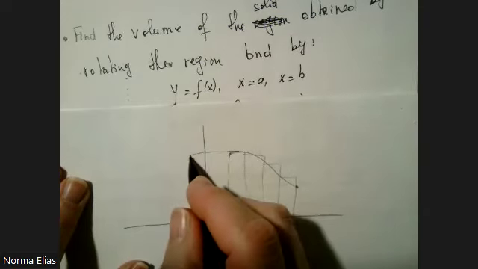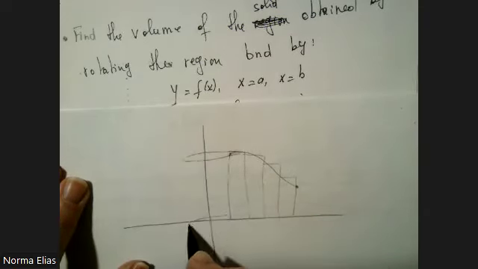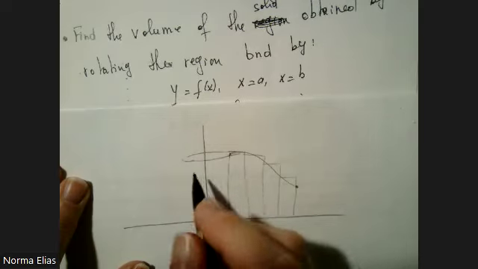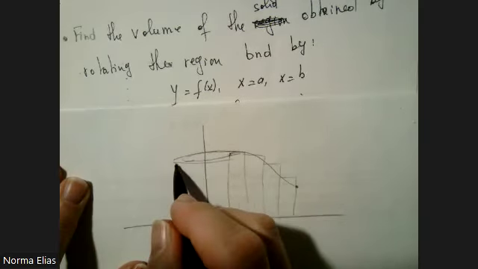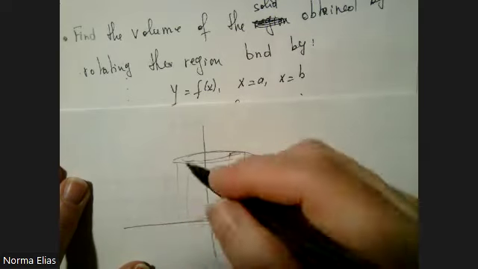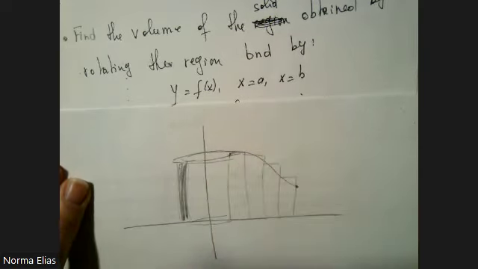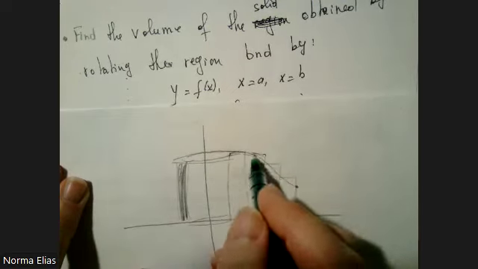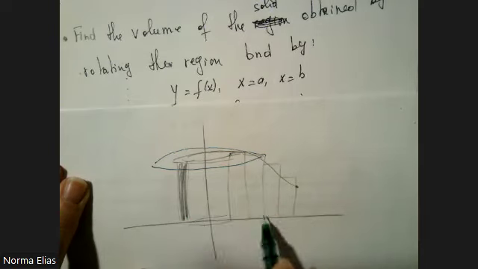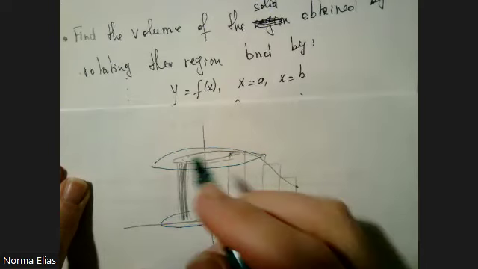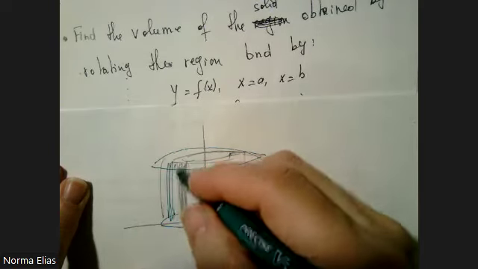So I rotate this, I get, and rotate that one. I'm going to get this cylindrical shell. And then I'm going to rotate that one, and I'm going to get another cylindrical shell.